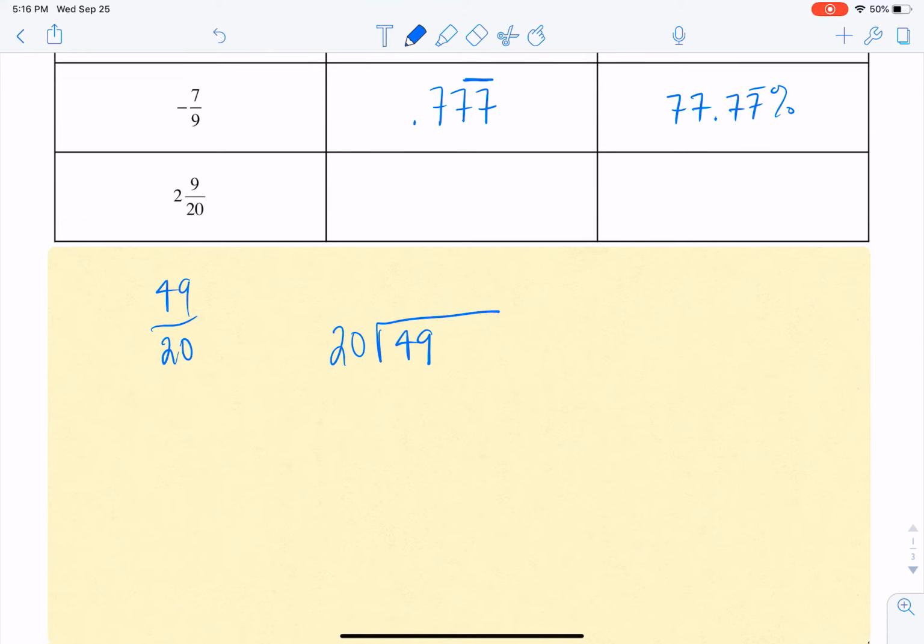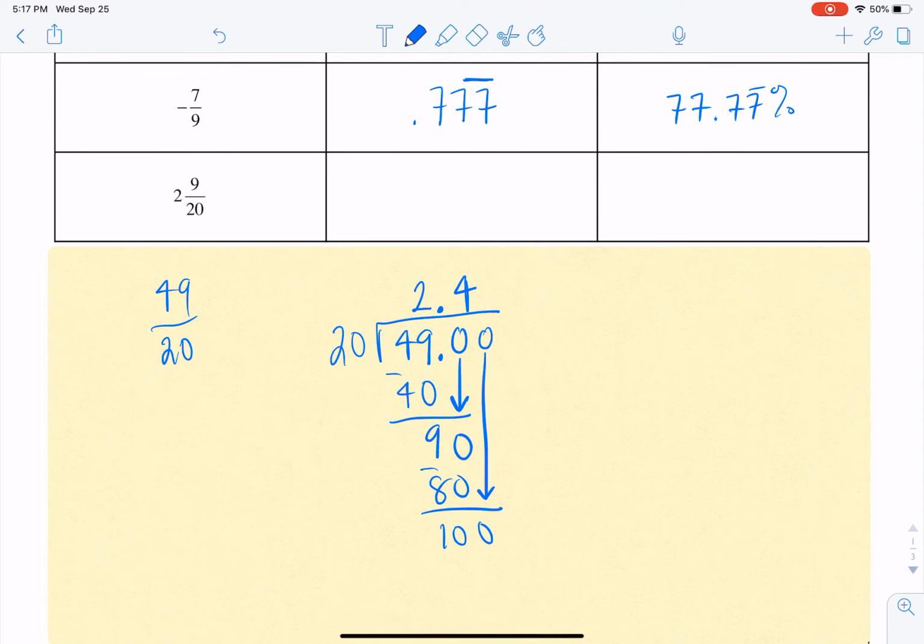There are 2 groups of 20 within 49, and that gives me 40. Throw in my decimal. Bring down my 0. How many groups of 20 are in 90? That gives me 4. This brings me to 80. I have 10 left over. How many groups of 20 are in 100? This gives me 5, and 5 times 20 is 100. Subtract and I'm left with 0. So my decimal value for 2 9/20 is 2.45.